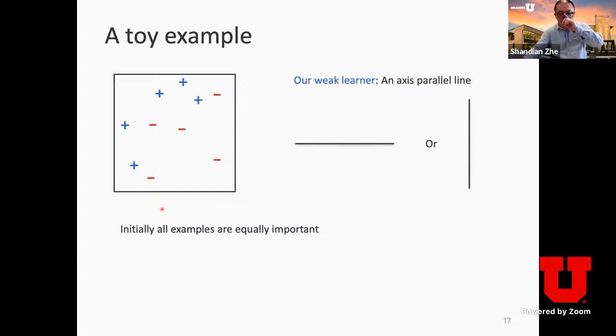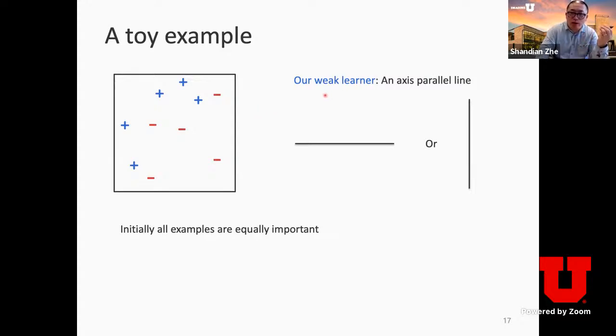Okay, so to illustrate the algorithm details, we'll use a toy example. Suppose our task is to classify the points in this rectangle. We have 10 training examples, positive and negative, labeled here. We'll build a strong classifier from weak classifiers.